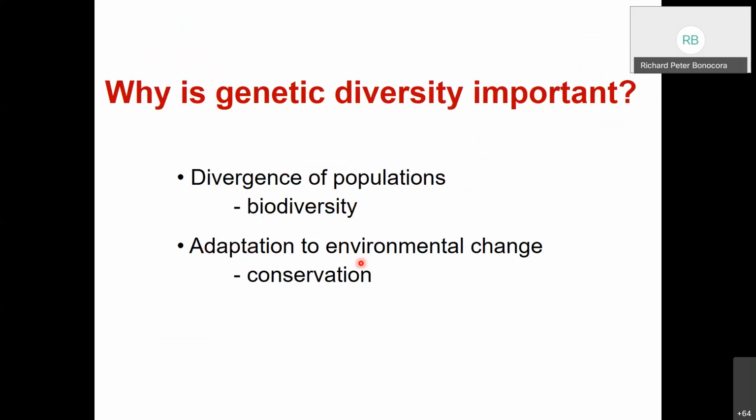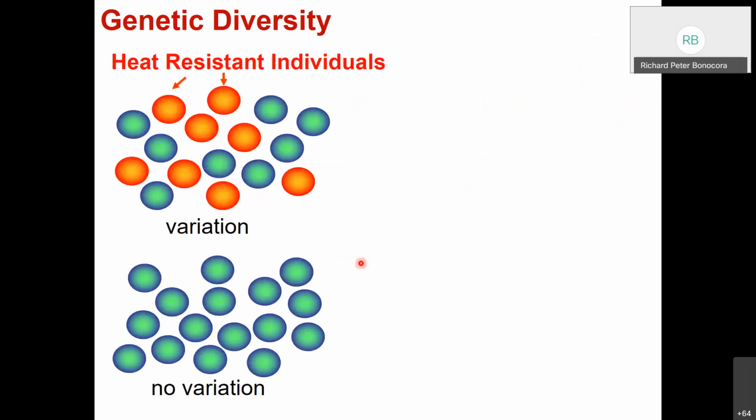So for conservation, the population will persist. The example that I use here: we have a population with some heat-resistant individuals, so there's variation in this top population, and in this bottom population there's not as much variation. Then we go through some sort of catastrophic event, in this case, rising temperatures.